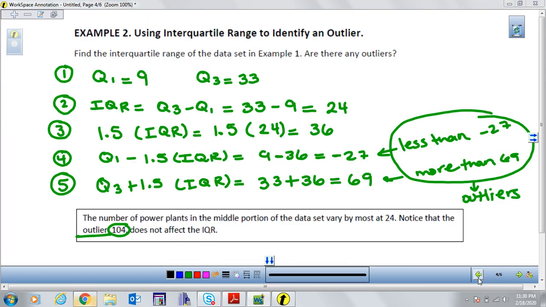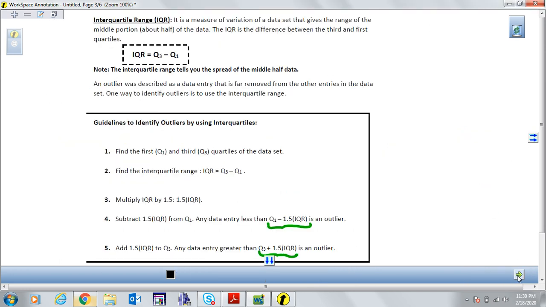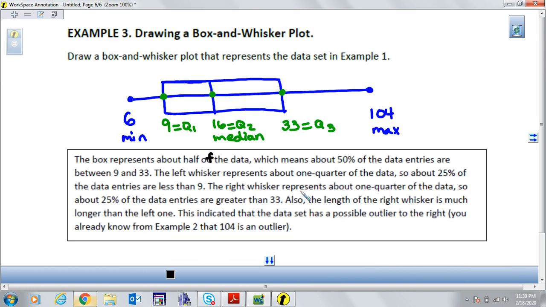You already knew that because we said that from 9 up to 33 represents 2/4 of the 4 quarters. So this is half of the data, and those are the values contained within the box from 9 up to 33. That's why this says the box represents about half of the data.